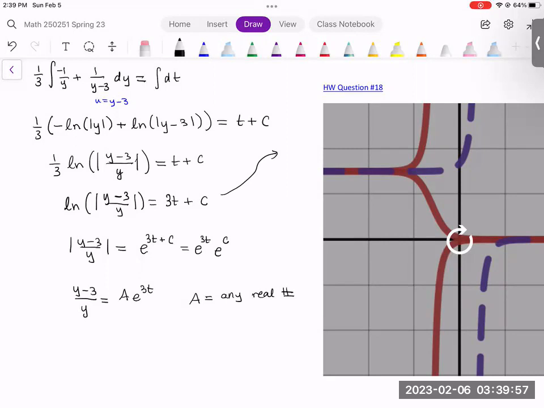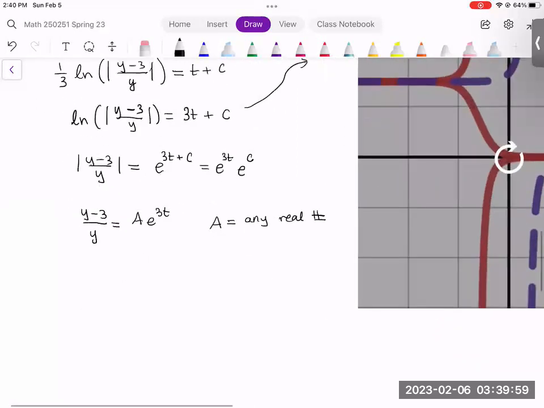All right, so if we want to go forward, let's divide. Well, we have a couple of options. So one thing we could do is multiply both sides through by y. Let's do that. So we get y minus 3 equals a e to the 3t times y. We're going to solve for y now. So we have 1 minus a e to the 3t times y equals 3.